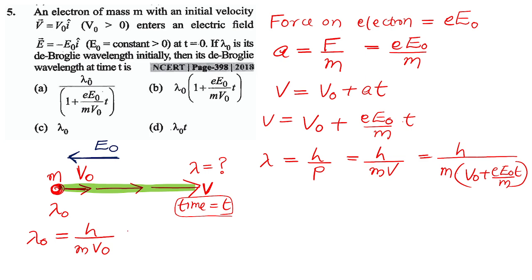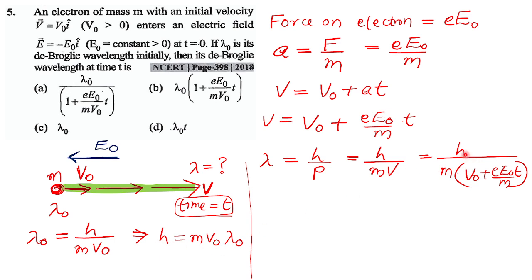We know that lambda 0 equal to h by mv0. If I do the cross multiplication, h is equal to mv0 lambda 0. Why do I do the cross multiplication? Because I want to include lambda 0 in the final answer.